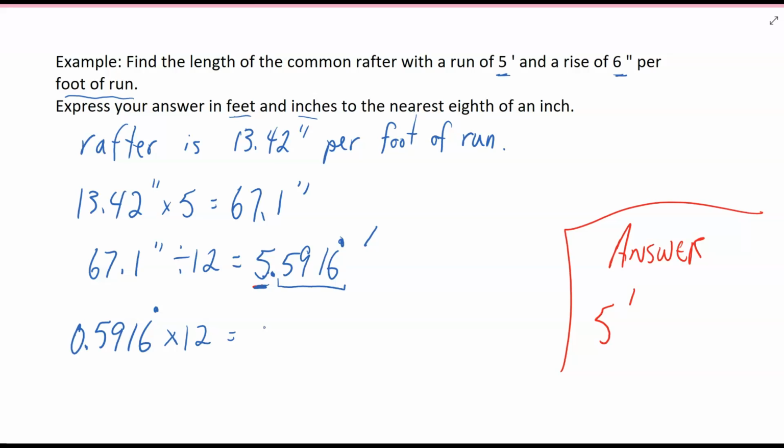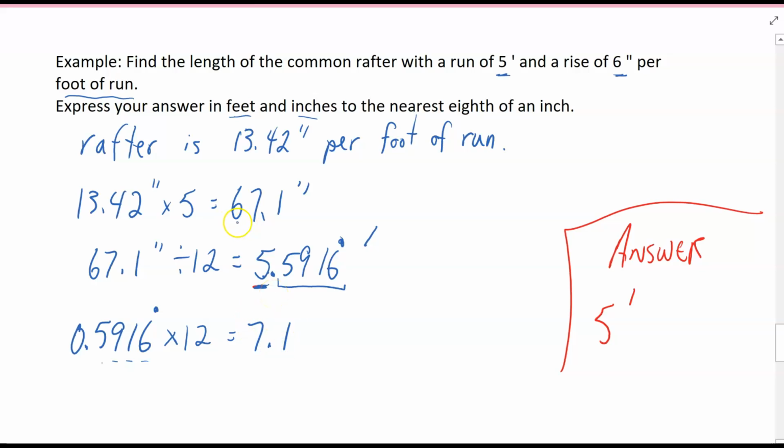So what I would do, at least go to these 4 decimal places. But if you want to just leave that on the calculator, we could just subtract 5 from it and we'll just have the decimal value, 0.59166666. Okay, now I want to multiply that by 12. And I get 7.1.